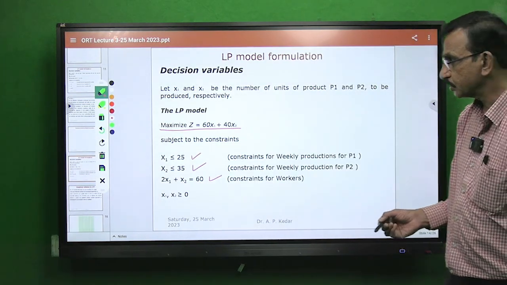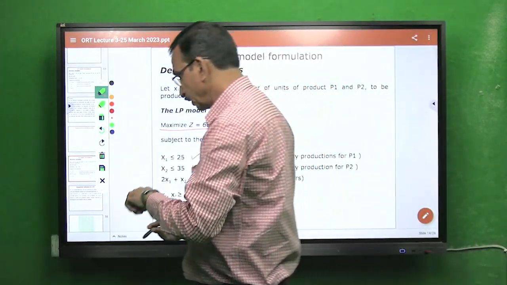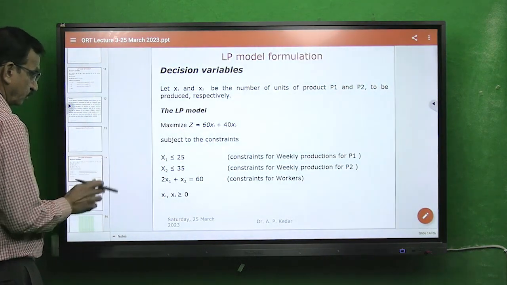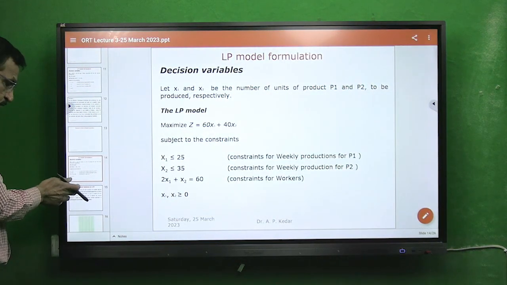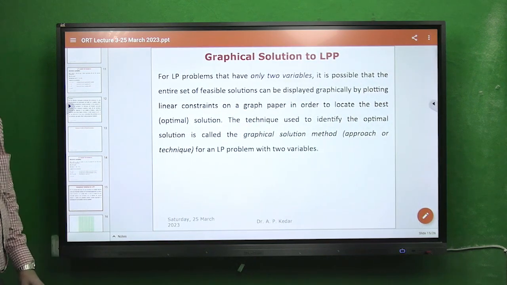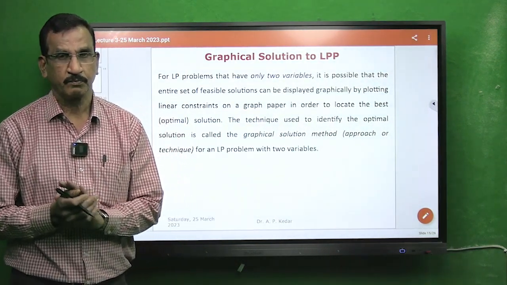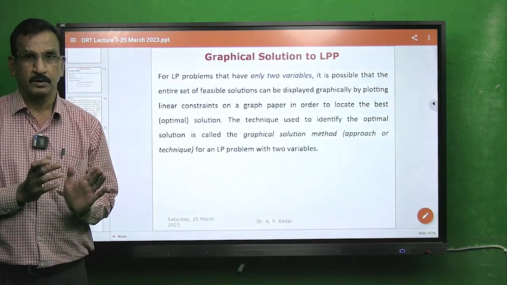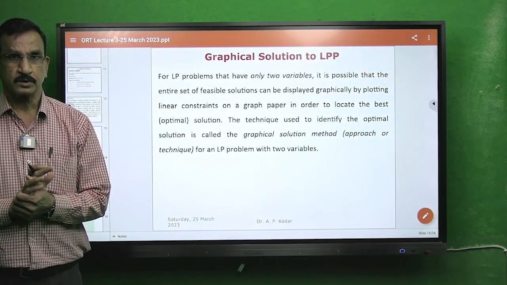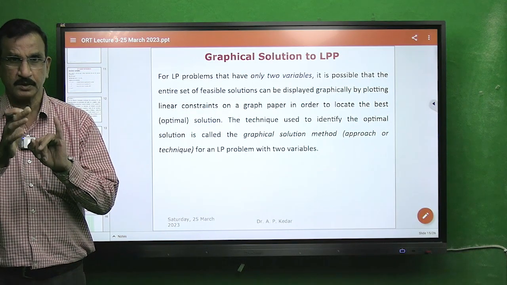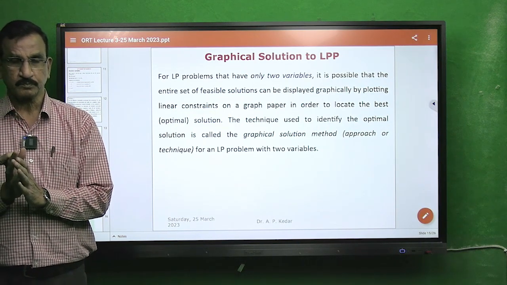So this is the way how in real life you have to solve the problem. And the further part of this particular series, after linear programming formulation, is finding the solution.